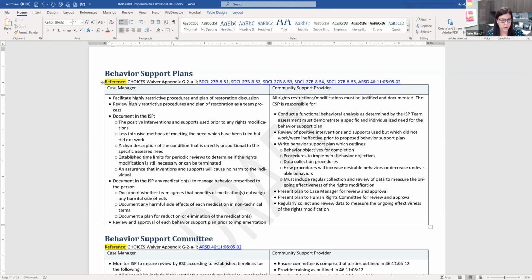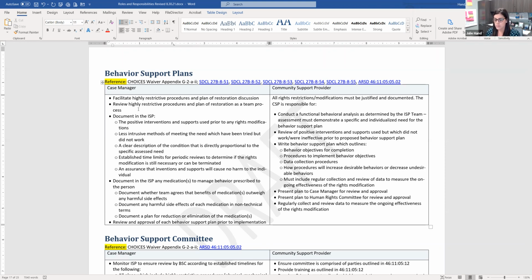Cheryl had emailed me yesterday with a comment that not all behavior support plans include highly restrictive measures, which is accurate. Our rule, and we have a lot in waiver around this, is all based on the premise that if you're using a highly restrictive procedure, a BSP is required.